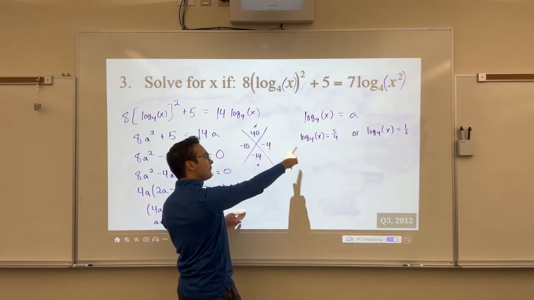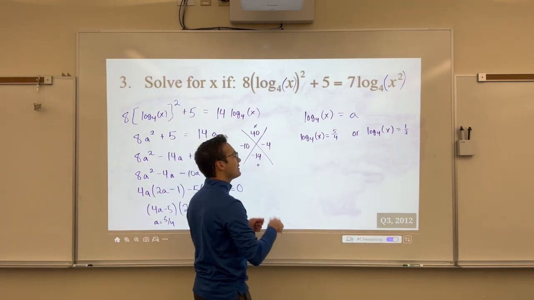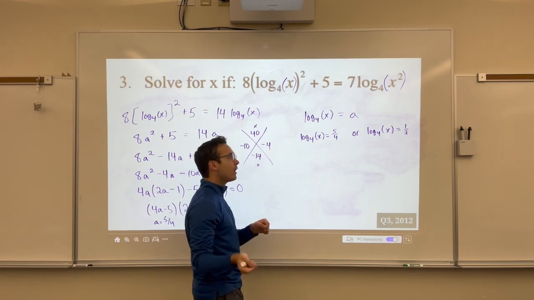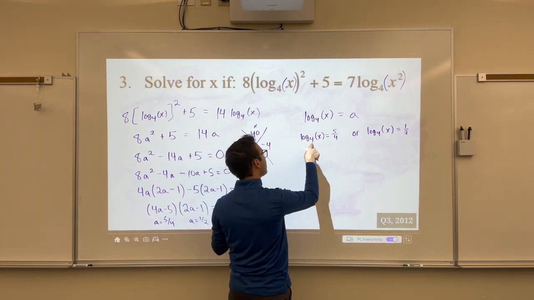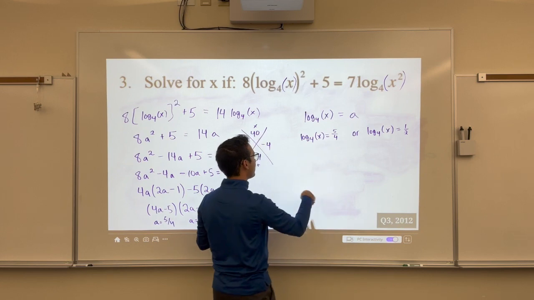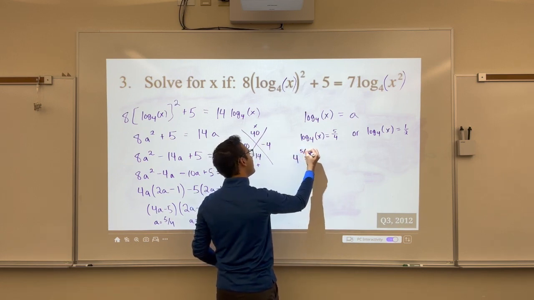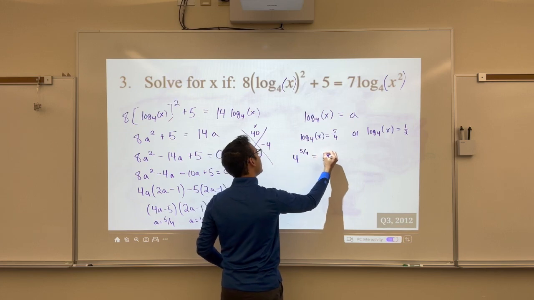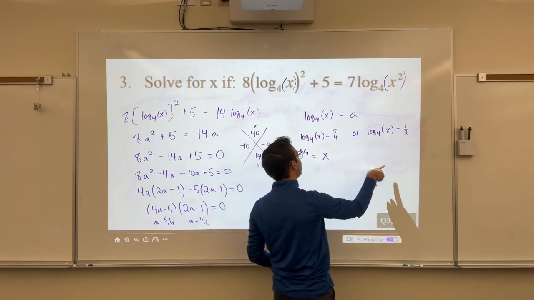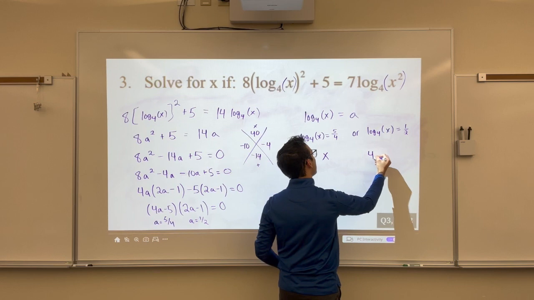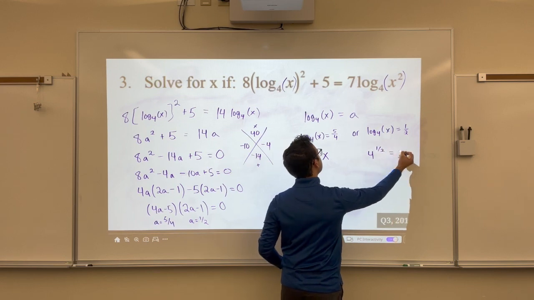Now we have to solve the following equations for x, and that gets us back to the definition of a log. Given that the log base 4 of x equals 5 over 4, we can rewrite this to say that 4 raised to the 5 over 4 is equal to x. Similarly, over here, we can write 4 raised to the 1/2 is equal to x.